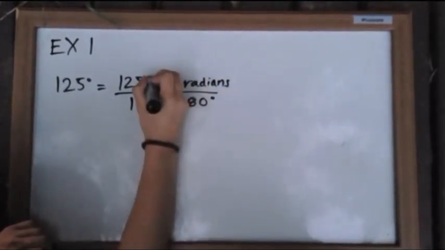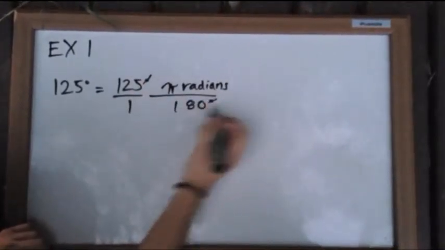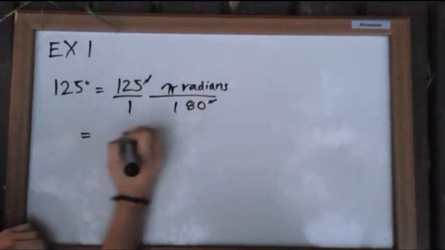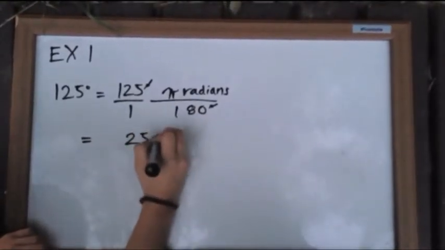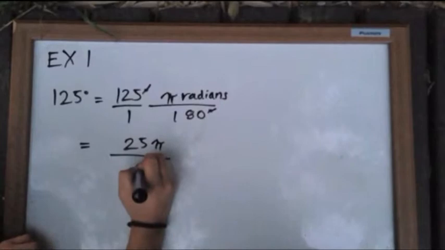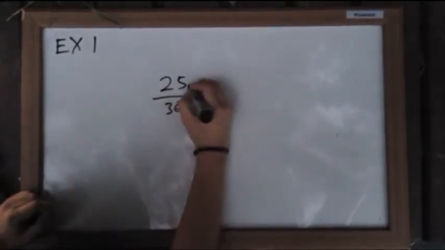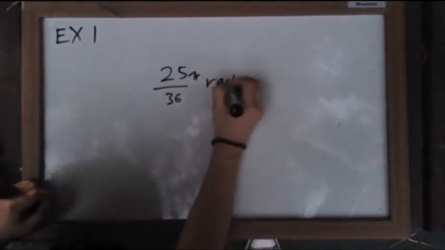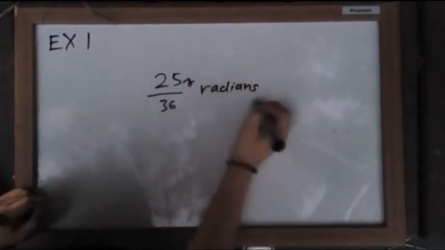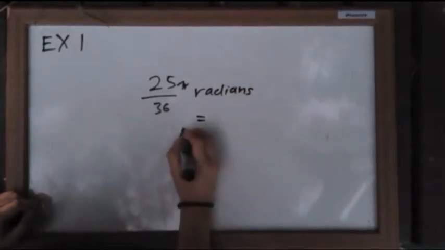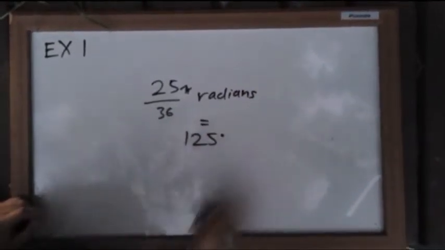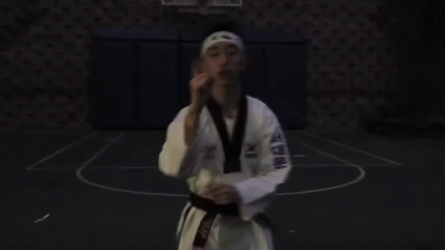So these are both degrees, they cancel, and this would simplify to 25 pi over 36. So 25 pi over 36 radians equals 125 degrees.